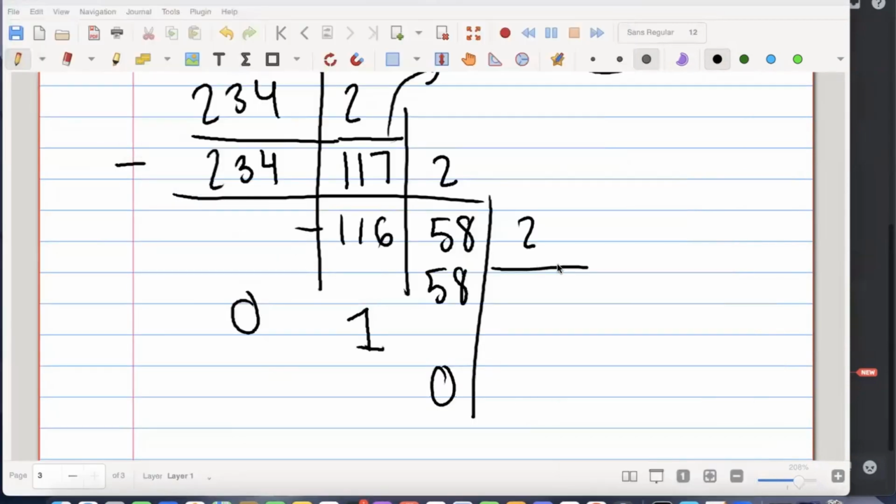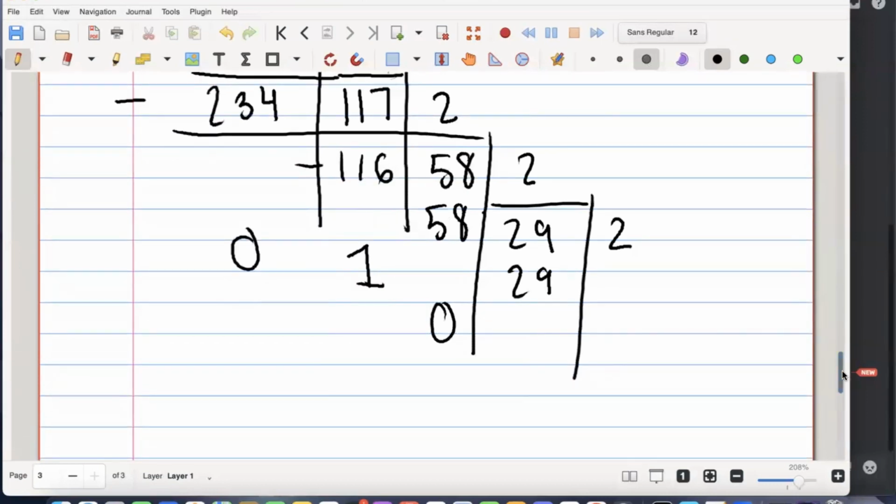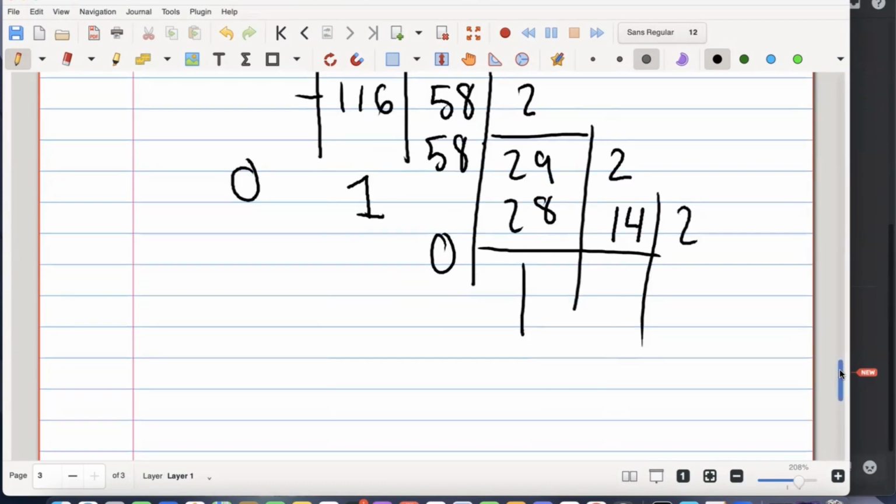Okay, maybe I suck at math. 29 divided by 2, 29 is not even. Never mind. Sorry. 28. So this is going to be 1. Then you have 2. 2 times what is equal to 28? That's going to be 14. I am slow with math when it's this late. Now this is also even.